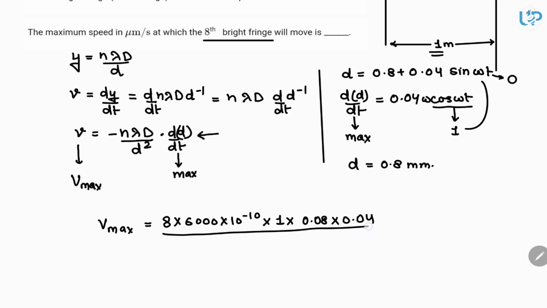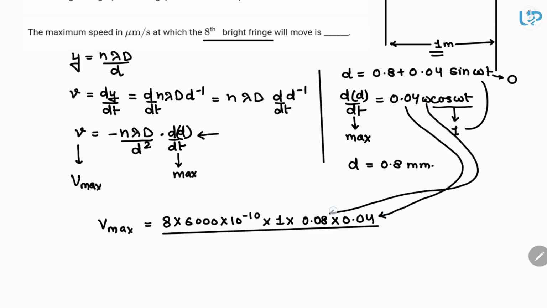I have put the values from here: 0.04, and omega from the question, 0.08 radian per second. Now we are going to put d square. Small d is 0.8, so 0.8 square, and for millimeter we write 10 to the power minus 6, because it is going to be millimeter square. So now on solving these, we will get 24 micrometer per second.